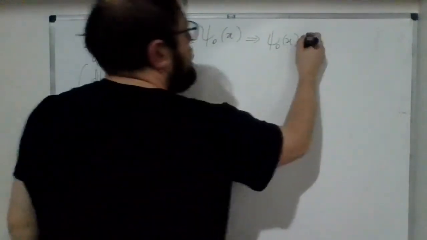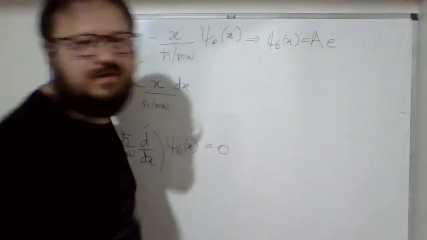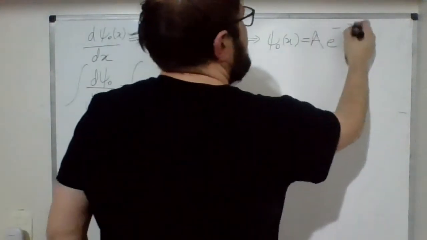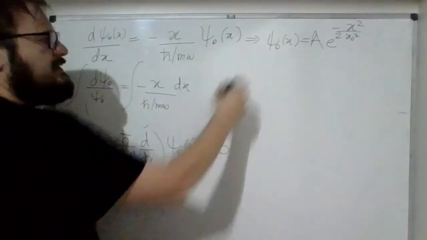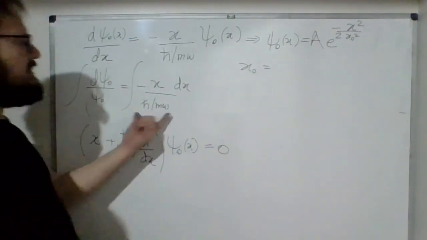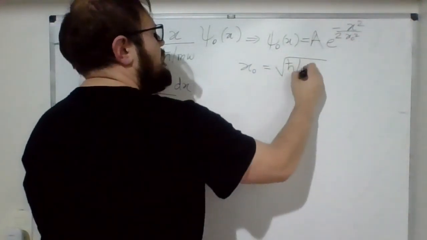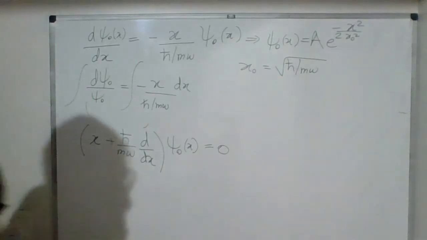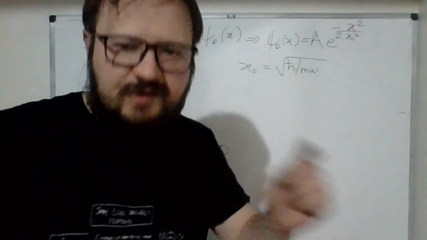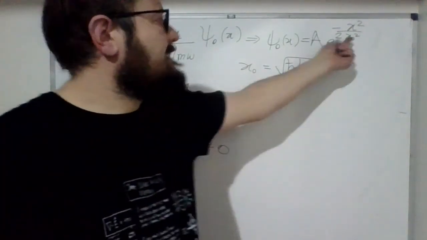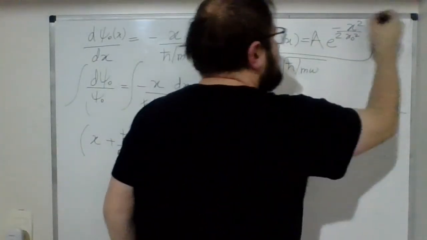So the solution has the following form: some constant A times the exponential of minus x squared divided by twice some x naught squared. And this x naught squared is just this constant here, h bar over m omega. All right, this has units of length, and this just corresponds to the width of the Gaussian. Oh, what we have found, a Gaussian.